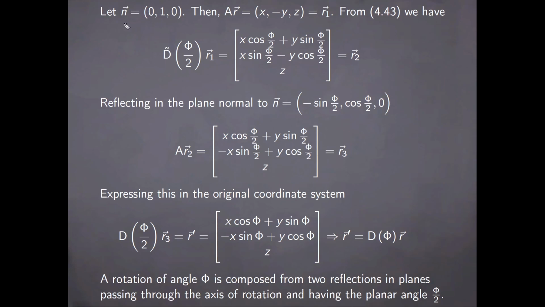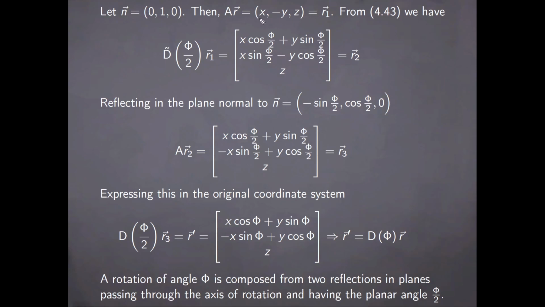Namely, let's assume for the simplicity of the argument that the normal along which we are reflecting is oriented in the y direction. Then we simply apply the reflection matrix to an arbitrary vector to obtain the vector components here.